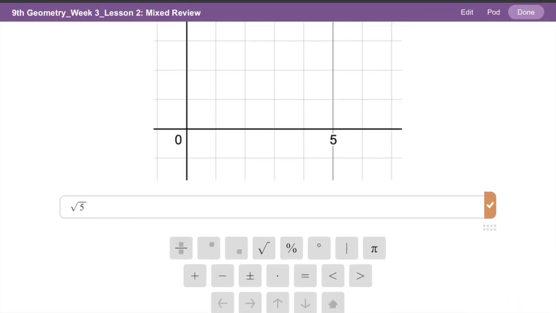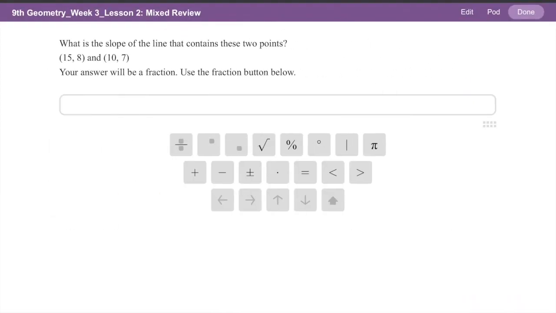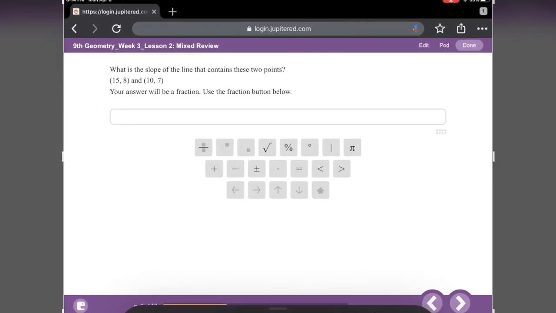Perfect. Okay, moving on. What is the slope of the line that contains these 2 points, 15, 8 and 10, 7? Okay, this is a slope formula problem. So remember that slope is going to be equal to delta y over delta x. Let's just remember that these are those two values subtracted.